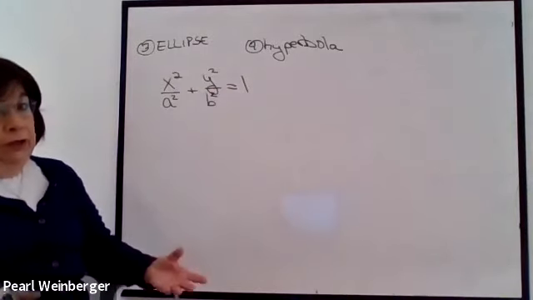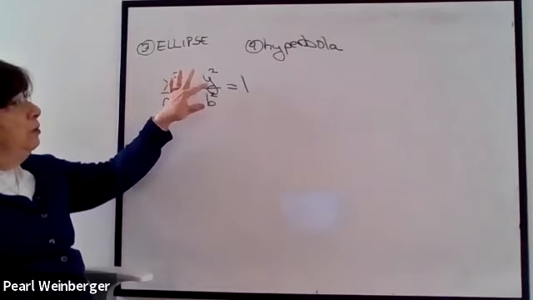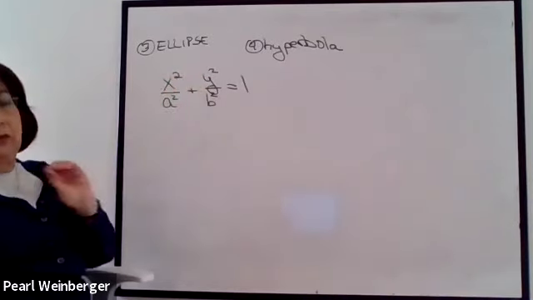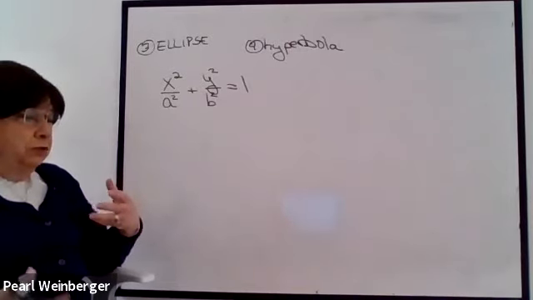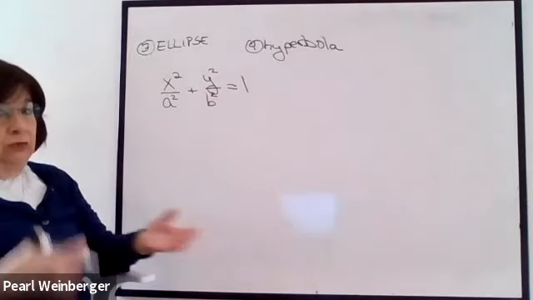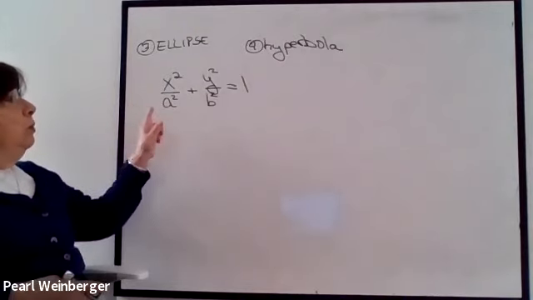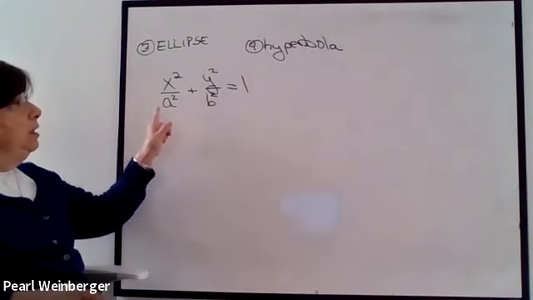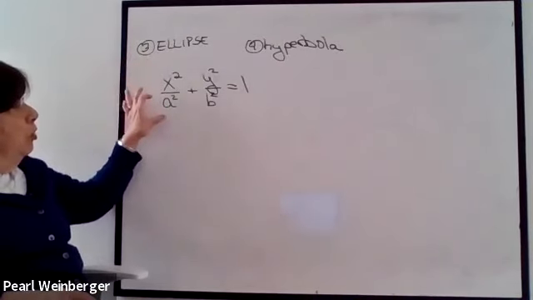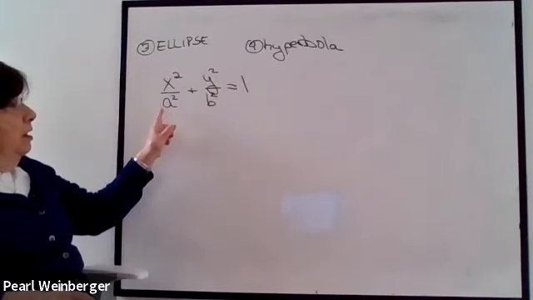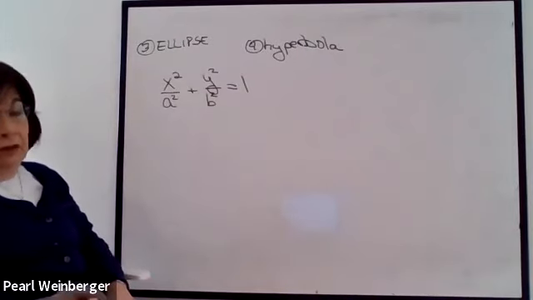Now, what you're going to recognize, first of all, is that you have an a squared and an x squared and a y squared in the equation. So how does it look different than the equation of a circle? That also had an x squared and a y squared. Well, because there's going to be either a coefficient in front of the x squared or over the x squared. The two numbers, the a and the b, are going to be different numbers.